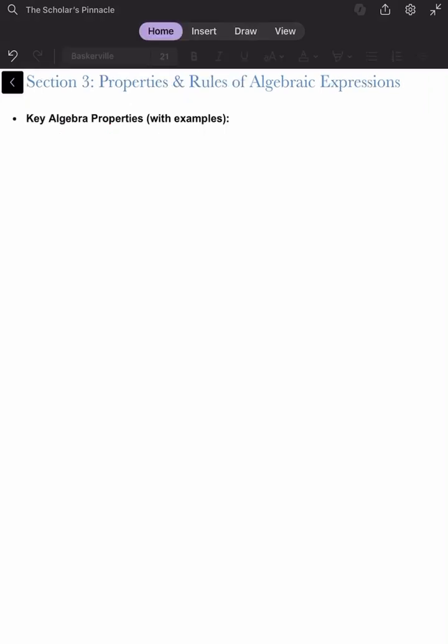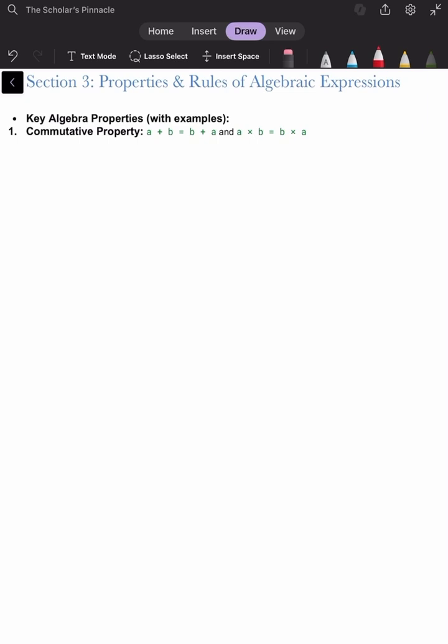Section 3, properties and rules of algebraic expressions. Here are some key algebra properties and examples to follow. Number 1, commutative property. a plus b equals b plus a, and a times b equals b times a. Here are some examples.